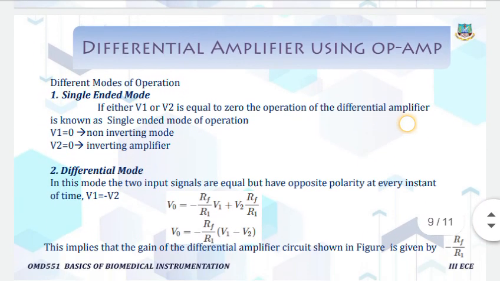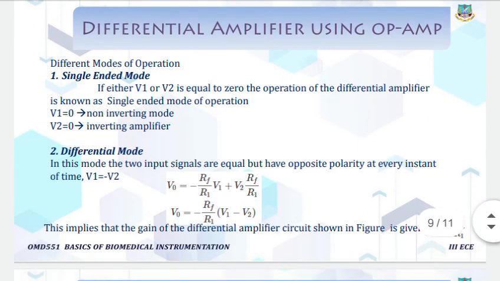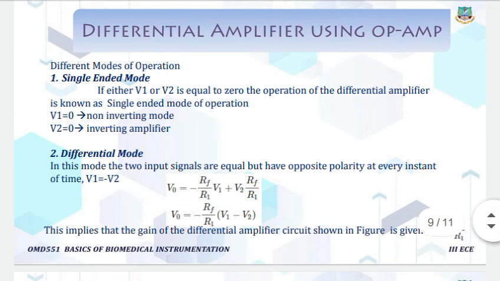So the differential amplifier operates in various modes. Let us see the different modes of operation. First one is single-ended mode. We all know there will be two inputs, V1 as well as V2. If either of these inputs is equal to 0, the operation of the differential amplifier is known as single-ended mode of operation.